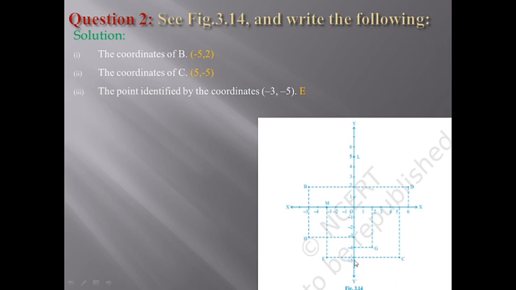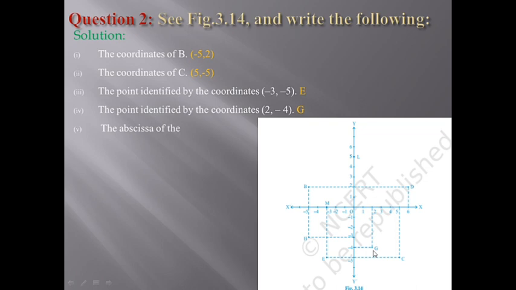The point identified by this coordinate is E. Then the point identified by the coordinates 2, -4. Here 2 is the abscissa on the x-axis, and -4 is on the y-axis. So the point identified by the coordinates 2, -4 is G.